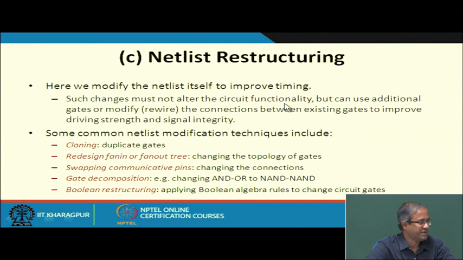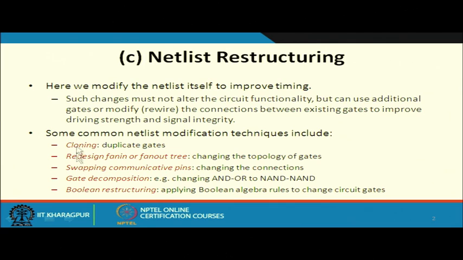That should not be modified. But we can use some additional hardware, like some additional gates, and some additional connections may need to be added. We shall see a number of various techniques here.